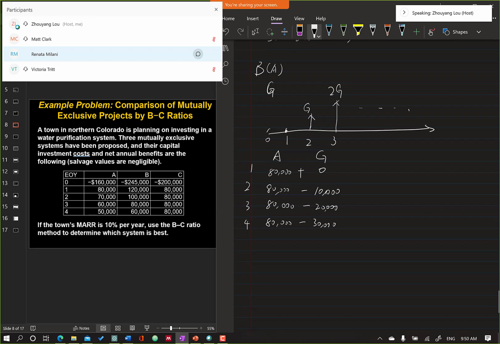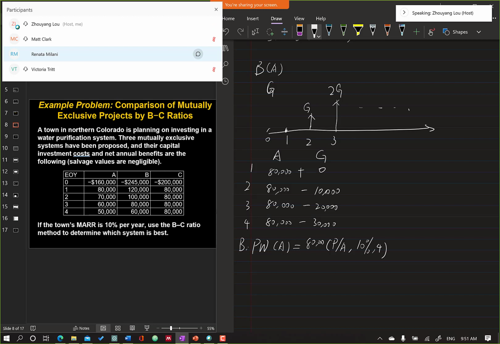Then we can calculate the benefit of A. I write the present worth of benefit of A. For the annuity, we want to find the present worth given the annuity, for a 10% interest rate and 4 years, where the annuity is 80,000.